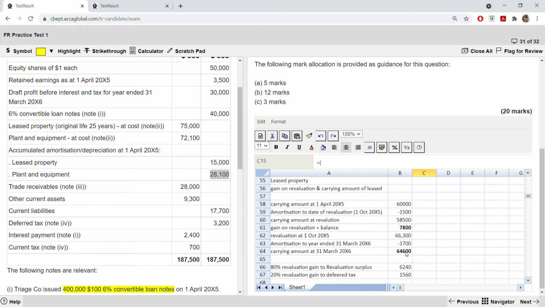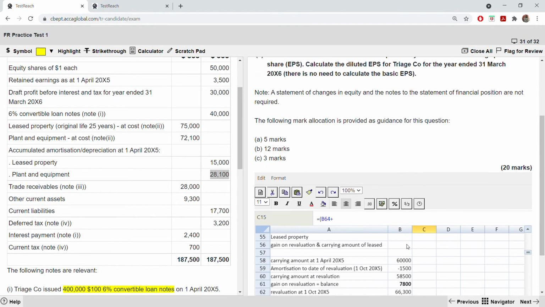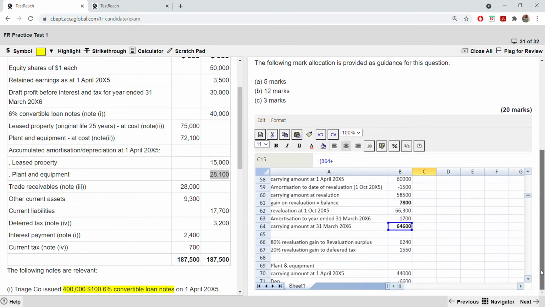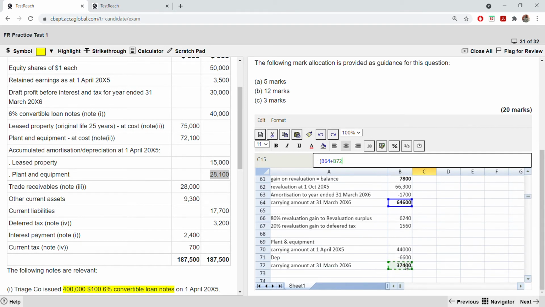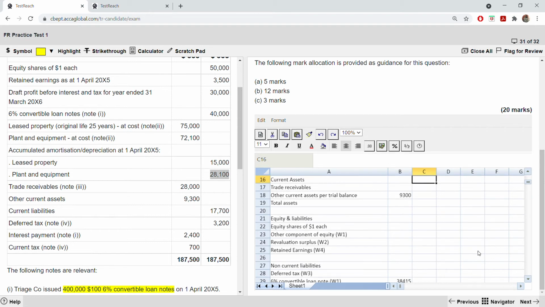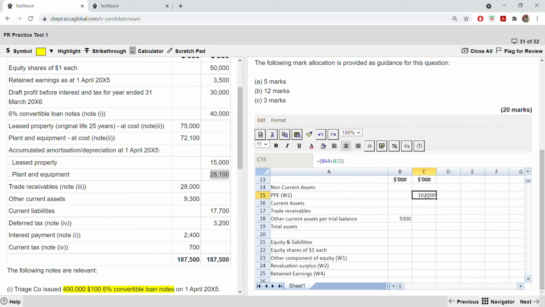This is the carrying amount of the lease property, plus, rather than dragging, you can even write here plus this one 37,400. Close the bracket, enter. You see, it's already here. So in the revaluation surplus also you can start doing your work.